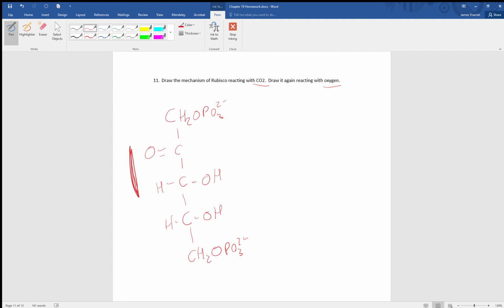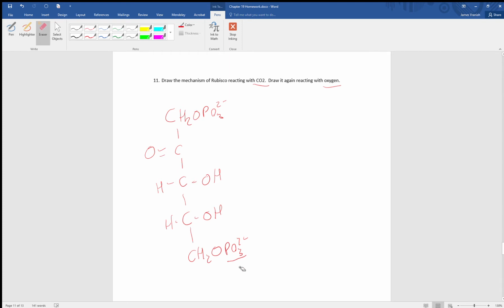Another thing to keep in mind is that this is a structure you do need to know, ribulose bisphosphate. We are going to be generating two molecules that are identical, so we need to have these phosphates at either end here.